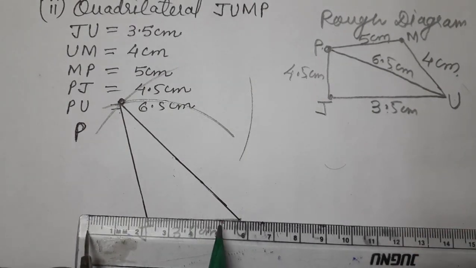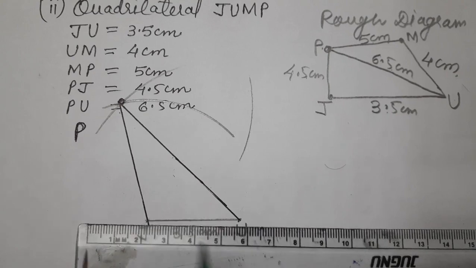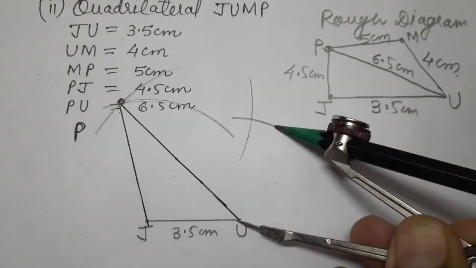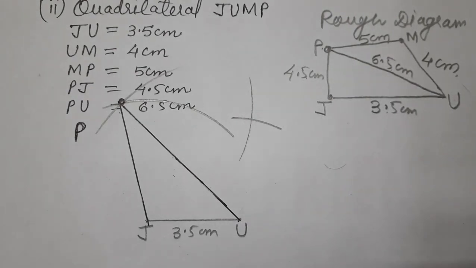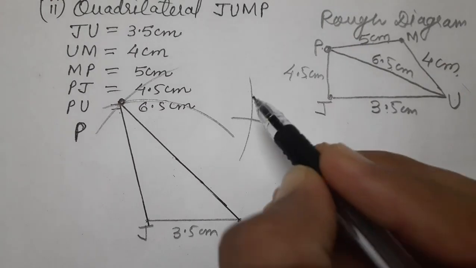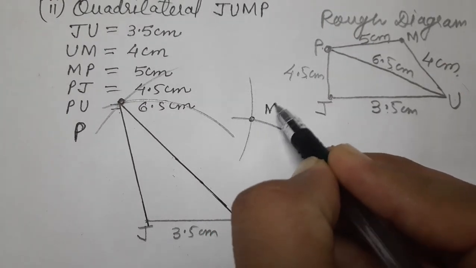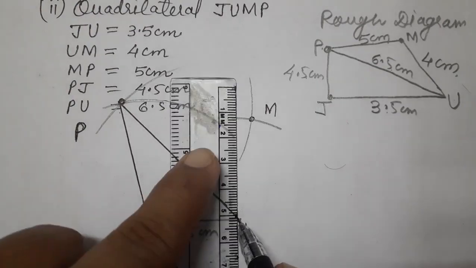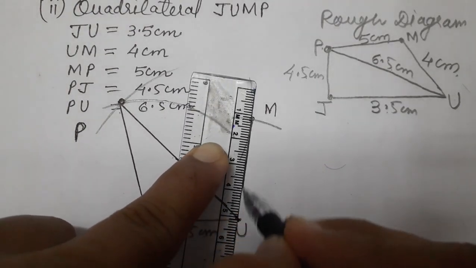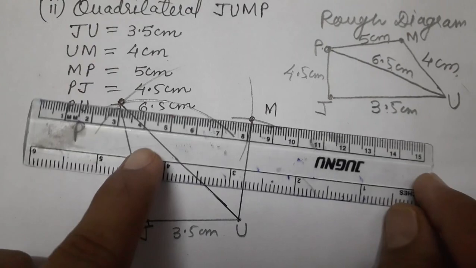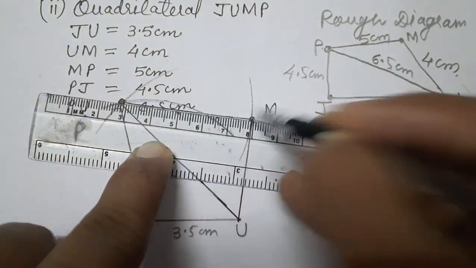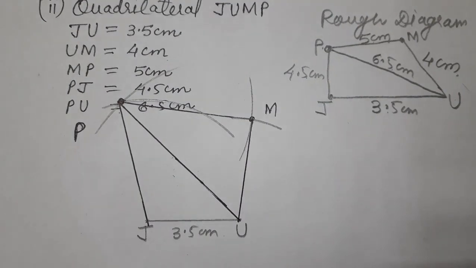Take a 4 cm arc radius now. This is 4 that I have taken. Now we are cutting the previous arc, so we got the next point. Our next point is M. Now we join U to M and also P to M.